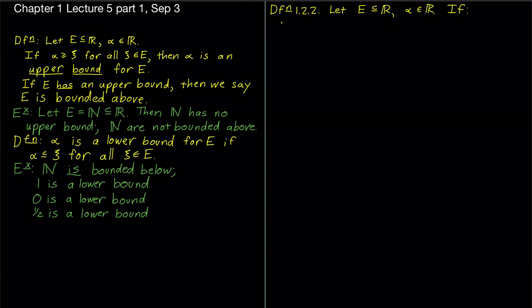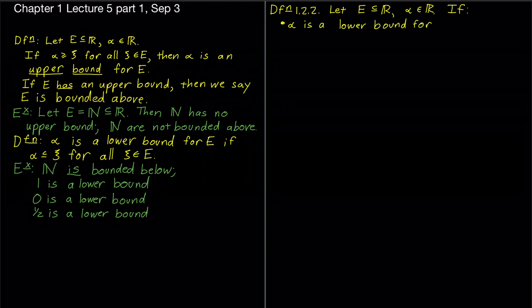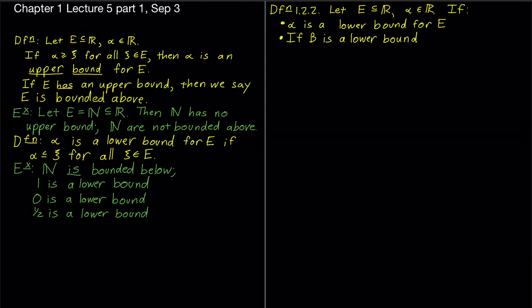First thing that is true is that alpha is a lower bound for E. And the other thing that has to be true is that if beta is a lower bound, then beta has to be less than or equal to alpha.